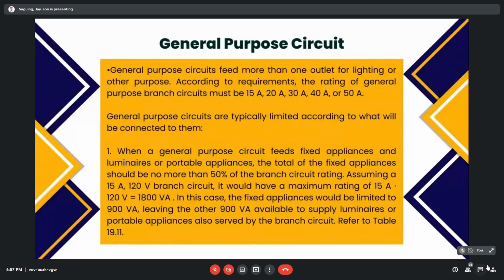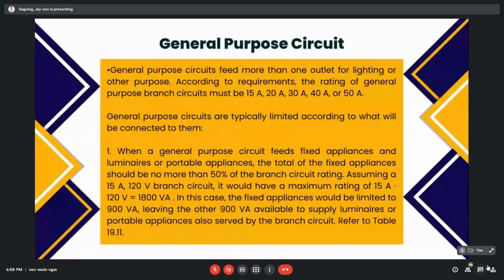Number one, when a general purpose circuit feeds fixed appliances and luminaires or portable appliances, the total of the fixed appliances should be no more than 50% of the branch circuit rating. Assuming a 15 amps 120 volts branch circuit, it would have a maximum rating of 15 amps times 120 volts, which is equal to 1800 volt amps.